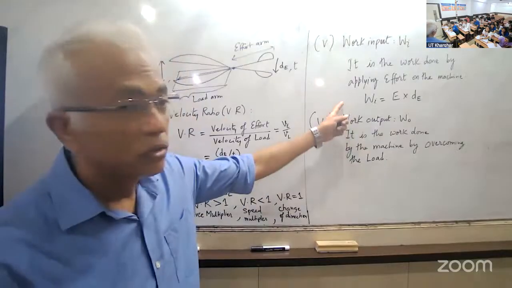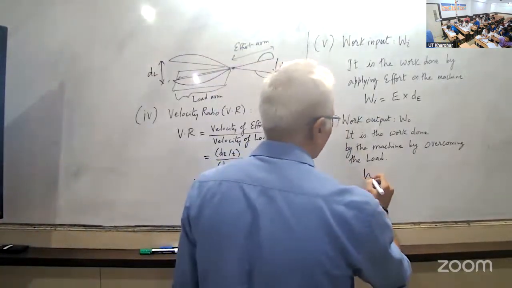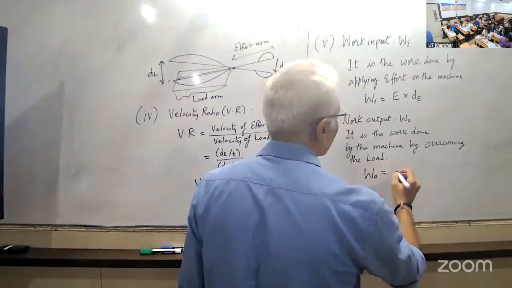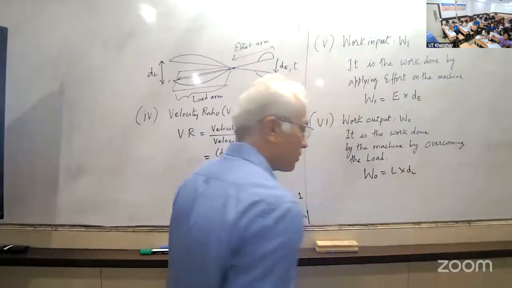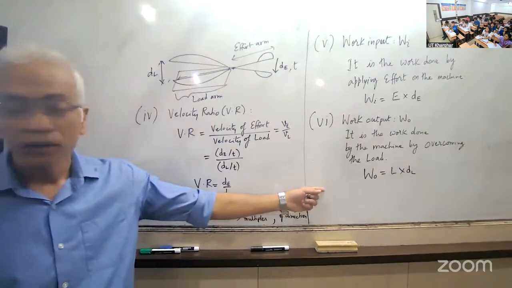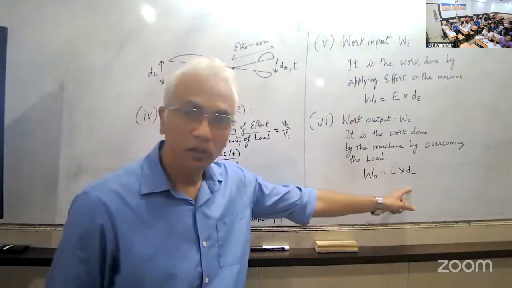Okay. So we did work on the machine, and the machine is delivering work output by working on the load. Okay. So work output is load into displacement of load, right?